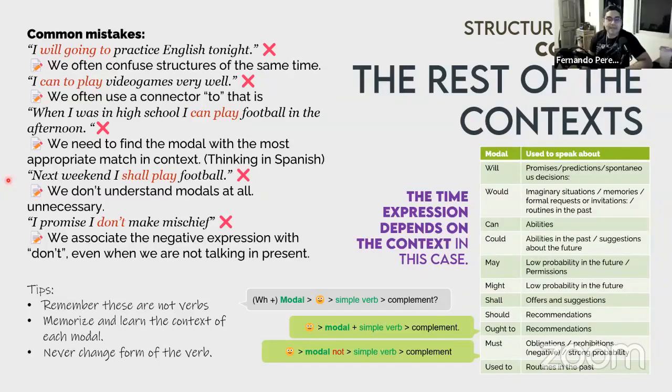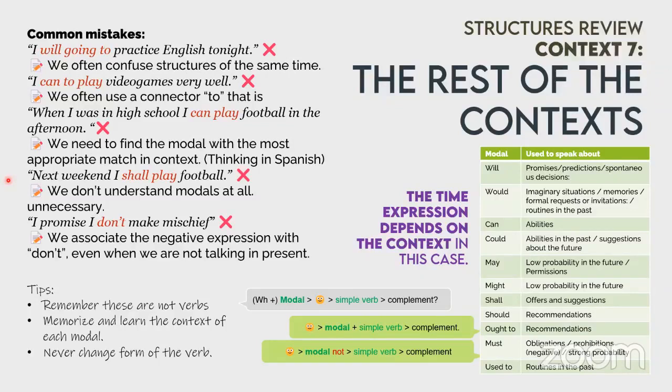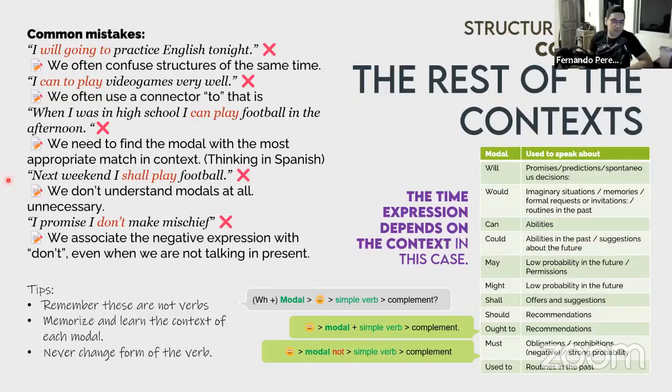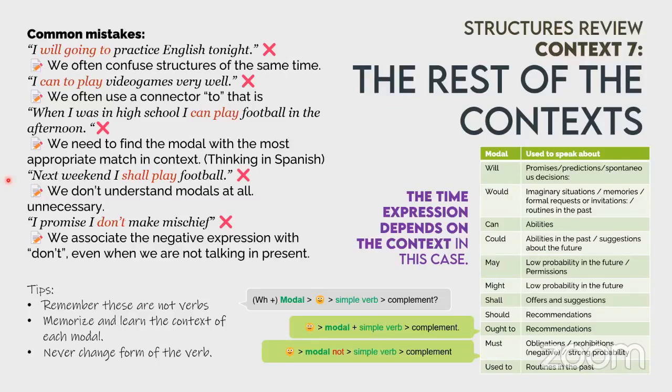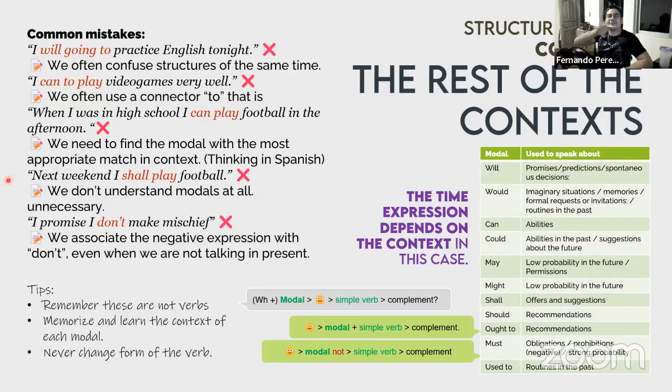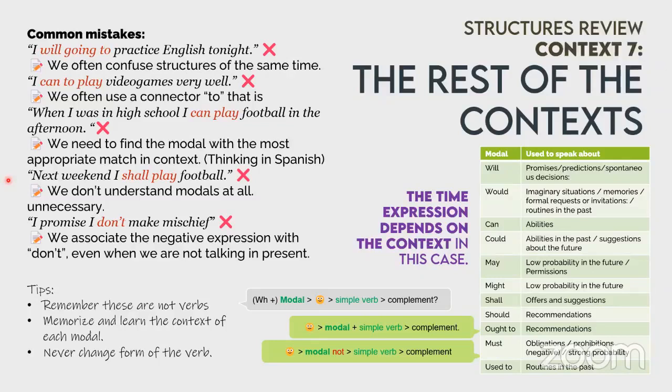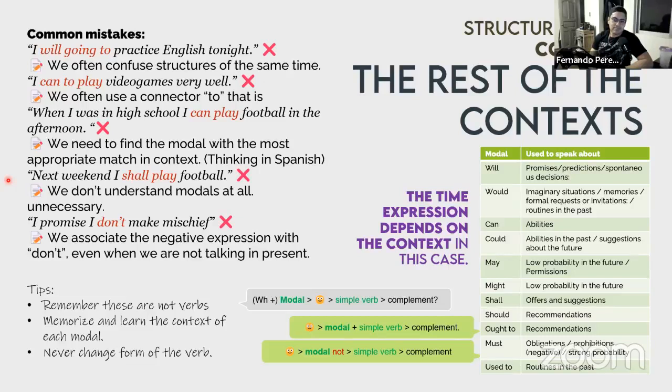Because if you say my mom scolded me, you are talking about a particular time when your mom scolded you. In this case, we are talking about a memory with no time in particular. That's the difference between using the verb in past versus using would for memories. Okay. Hashtag the modals.